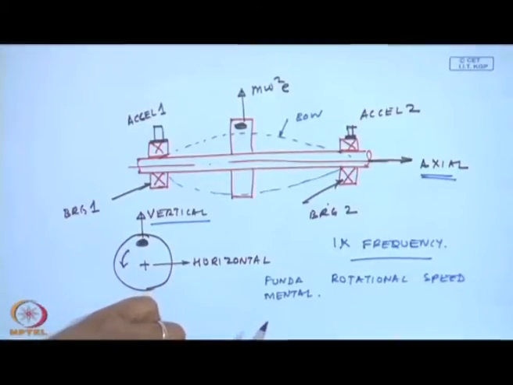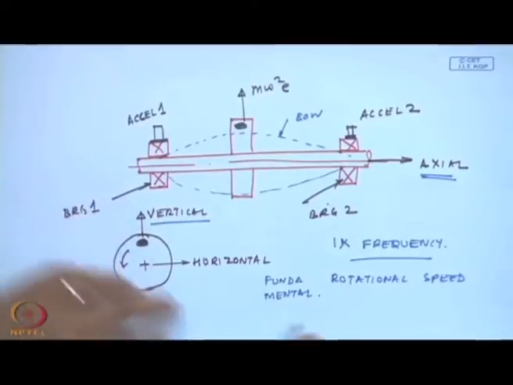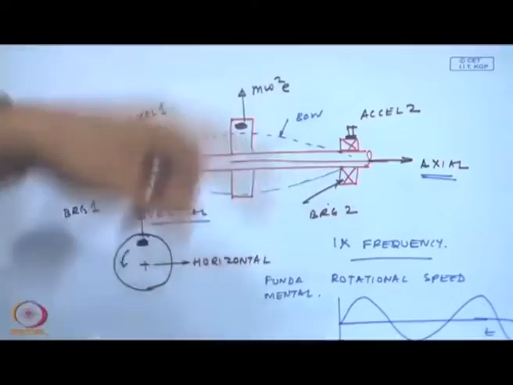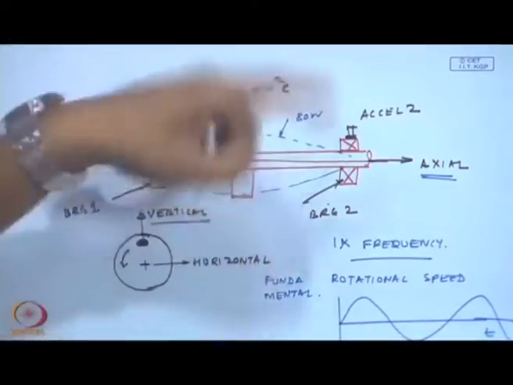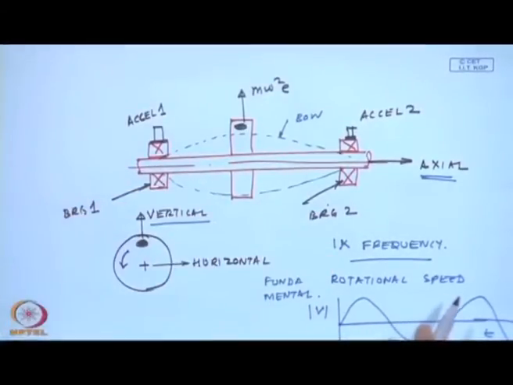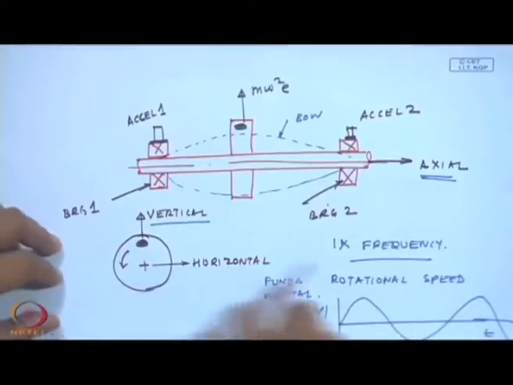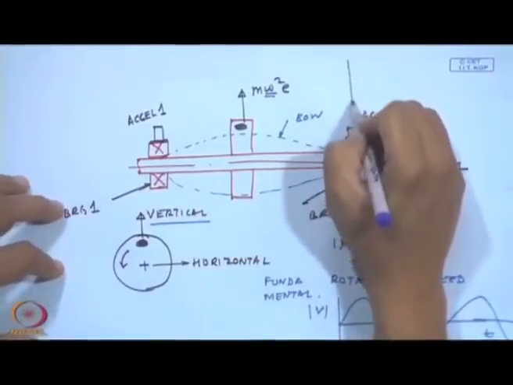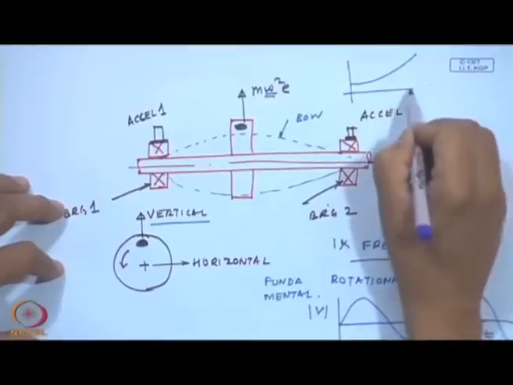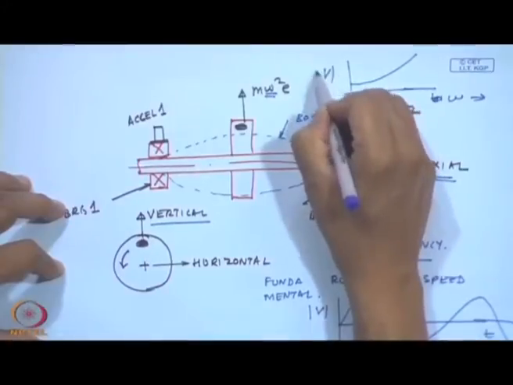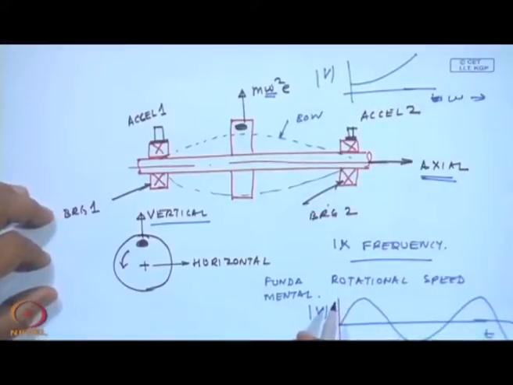Okay. And this is strongly harmonic, because the rotating unbalance is going to change with every rotation; it is going to be sinusoidal. Because of the omega square term, the vibration amplitude is going to increase like a parabola with speed, omega.